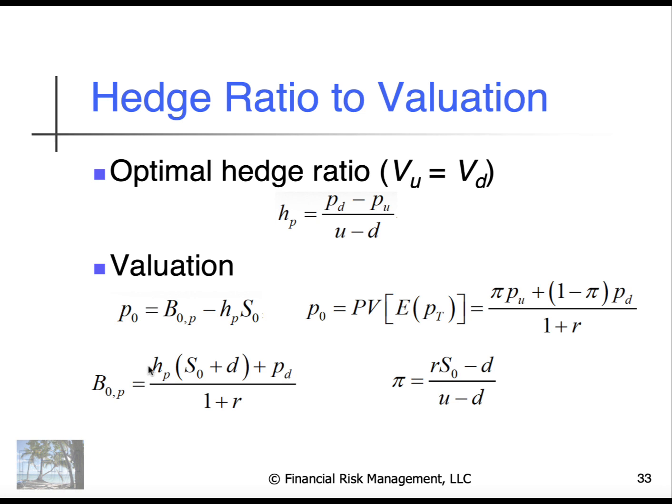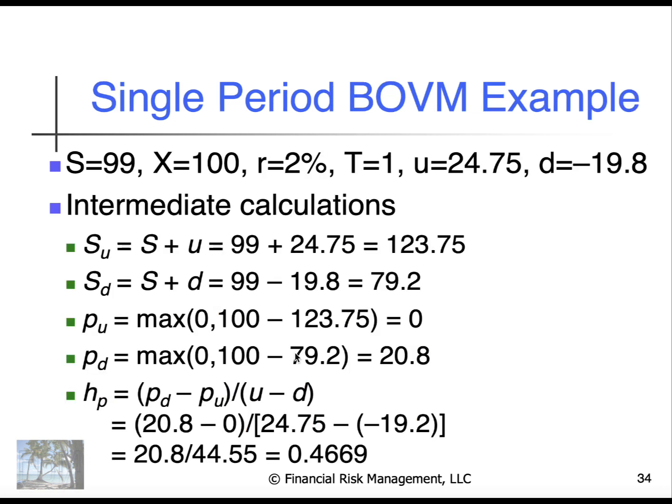And again, the no arbitrage results involve some financing as well as a position in the stock, which is identical to the present value of the expected terminal payout. Again, running some calculations just to check to make sure you have the intuition. We get the hedge ratio of 0.4669.